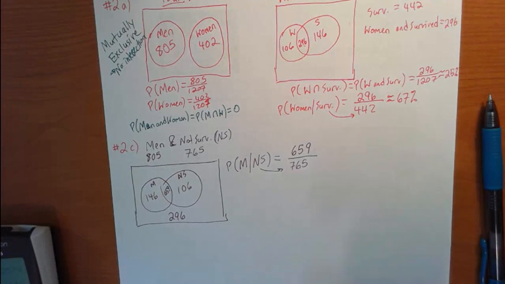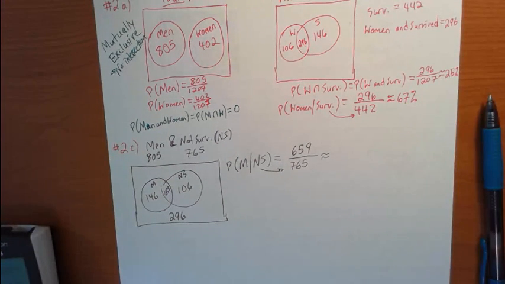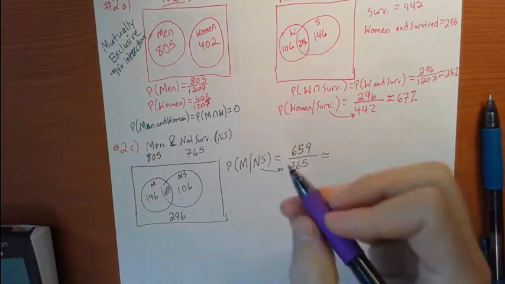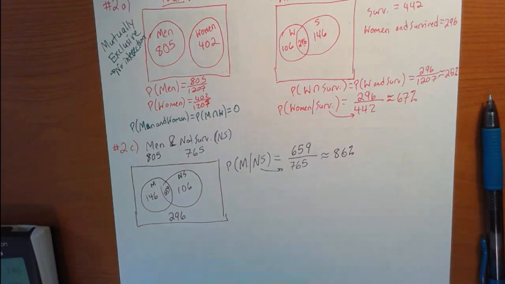That's the crossover between these two. So that percentage, 659 out of 765, is about 86% of the people who died were men, which is a very high percentage. If you know about how the Titanic works, that may have not been very surprising to see.